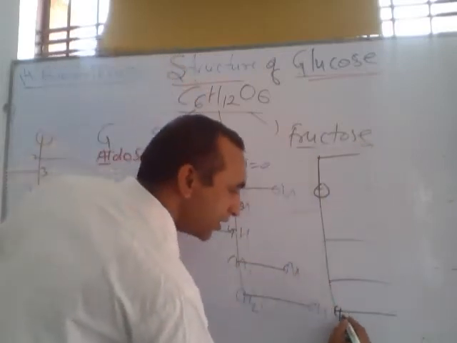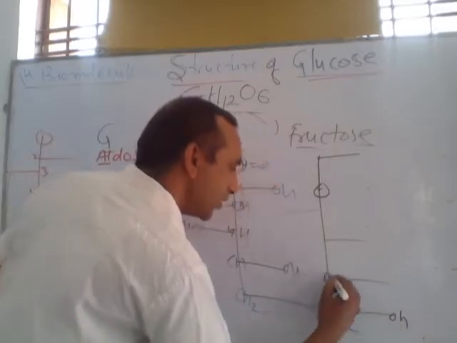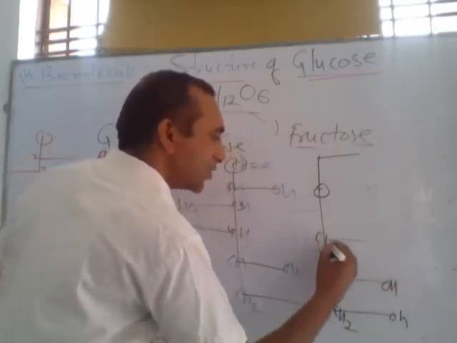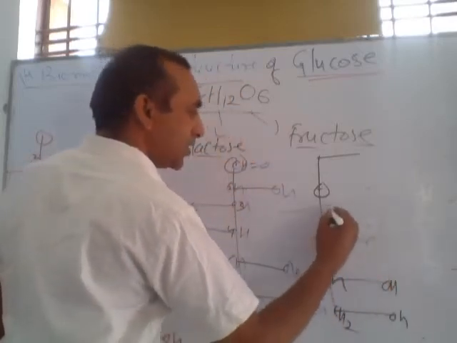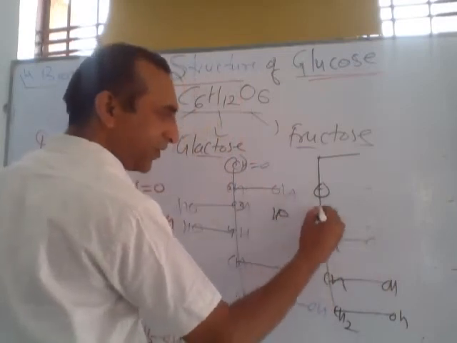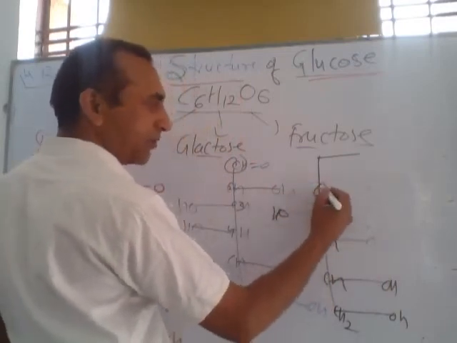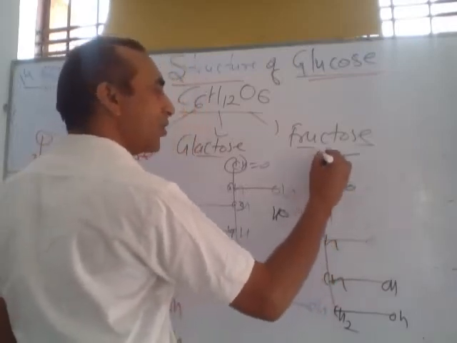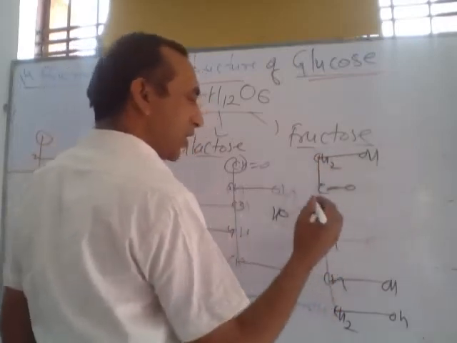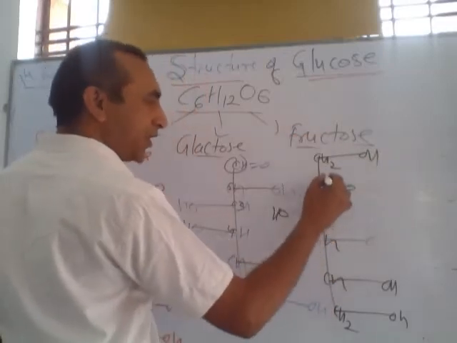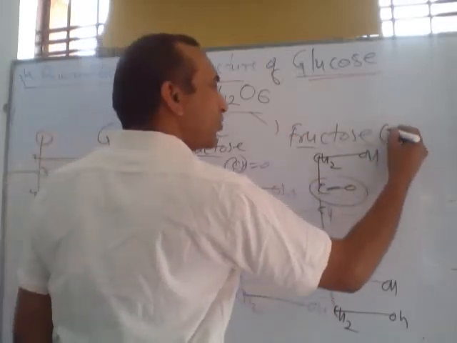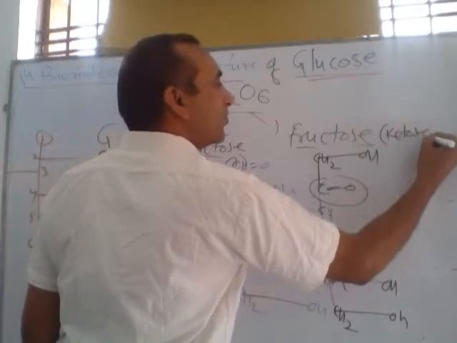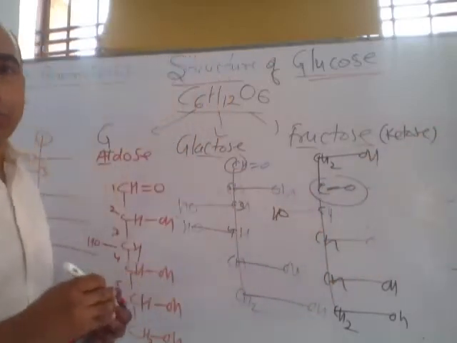The meaning of this is CH2OH, CHOH, CHOH. This is CHOH on the left hand side. But the meaning of this circle here is C double bond O. C double bond O is ketone. On the top CH2OH. So in fructose there is a ketone group, so fructose is also called a ketose sugar. Ketose means the sugar in which a ketonic group is present.